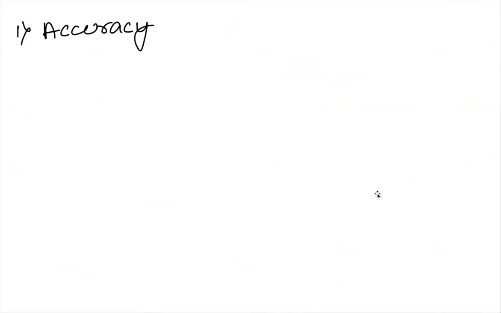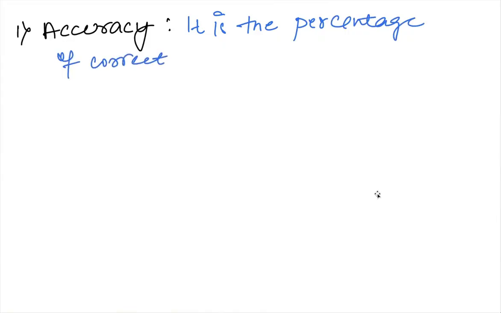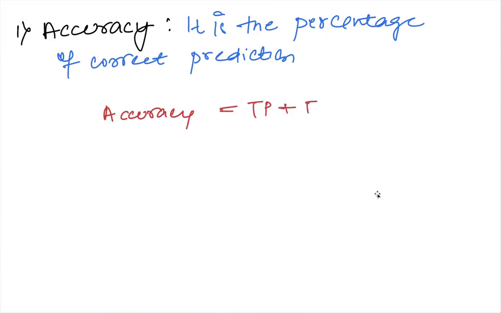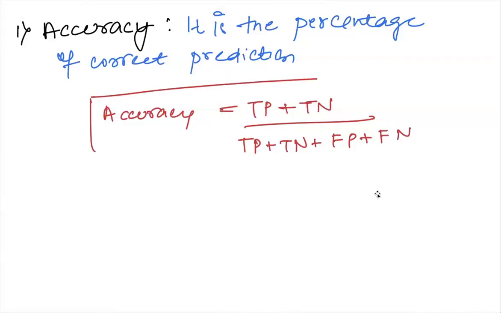It is the percentage of correct predictions, which means accuracy is equal to true positive plus true negative upon true positive plus true negative plus false positive plus false negative. This is the accuracy.